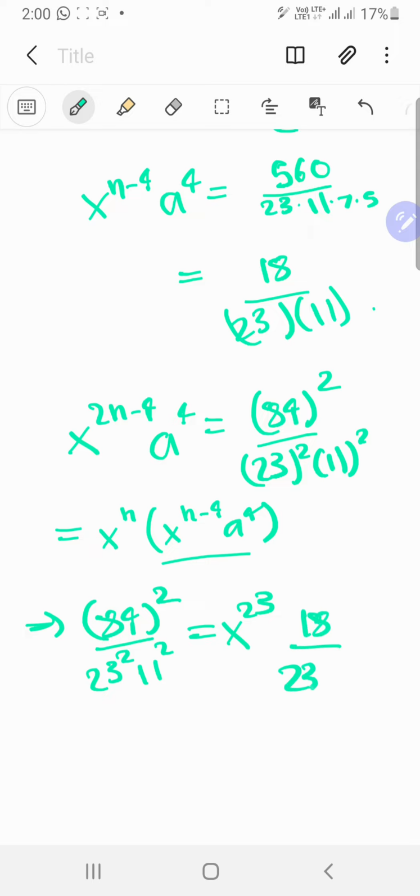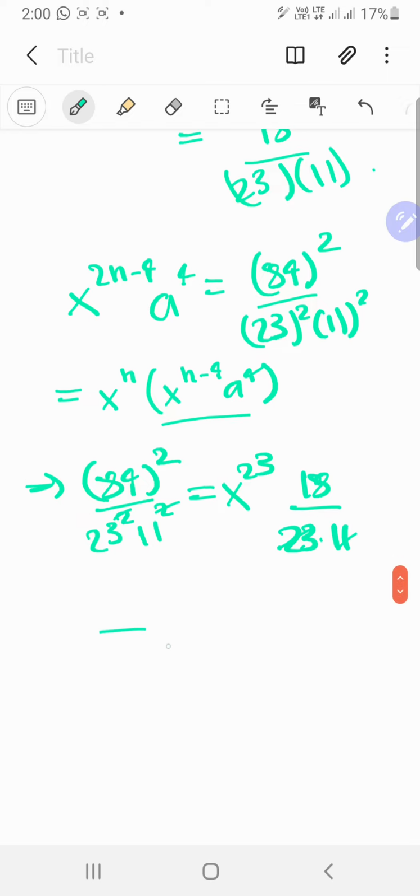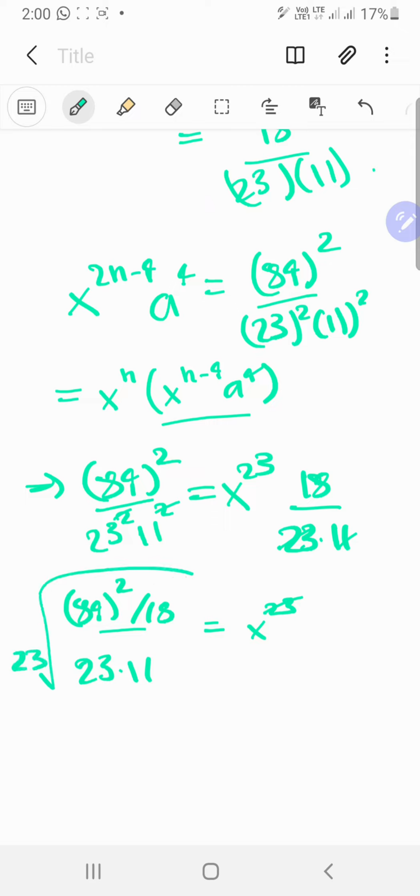Man, this is getting really bad. So at least we have found out what this x is going to be. x should be positive because it's an odd power, right? So you got 23 into 11 over there, and 84 squared upon 18, that's supposed to be equal to x power 23. So x is just the 23rd root of that.